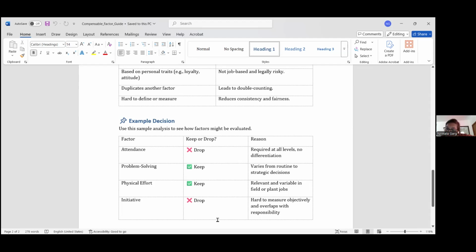Physical effort, yes, it varies, right? So these are some of the things you need to keep in mind when determining the compensable factors. Let us come back to this.